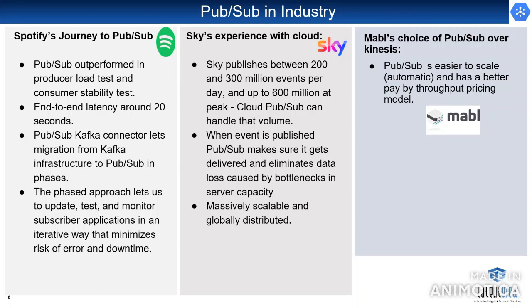They found that PubSub is easier to scale and had a better pay-by-throughput pricing model. So again, PubSub became the choice. Here we have seen some real-time examples wherein PubSub outperformed competitor services and proved to be the choice in the industry. They are all totally relative only. There's no absolute leader.